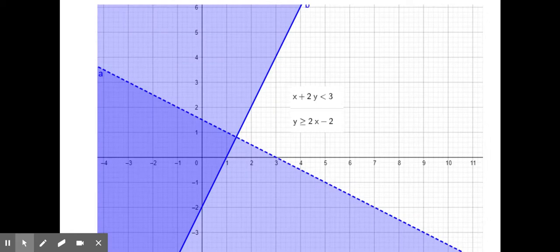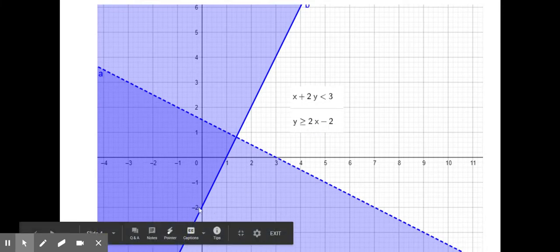So now you are shading two lines. And the solution set ends up being where those two overlap. Let's do this one because it's in slope-intercept form already. It's got a y-intercept of -2 and a slope of 2.